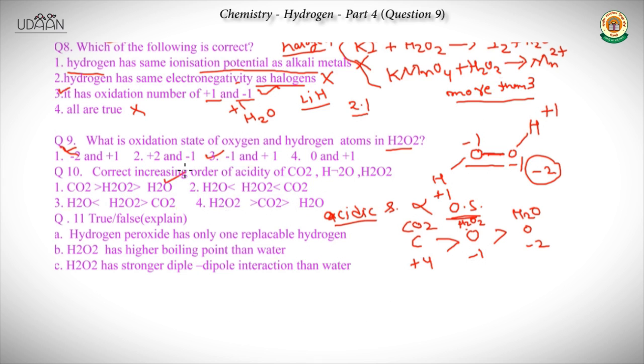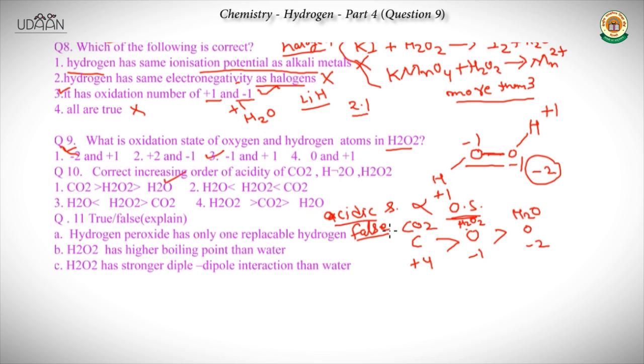So now we get to the last question. Here are a few statements which are either true or false, and we have to explain whether they are true or false. Okay. First one: hydrogen peroxide has only one replaceable hydrogen. Is that true? No, it's not true. It is false actually. Let me tell you why.